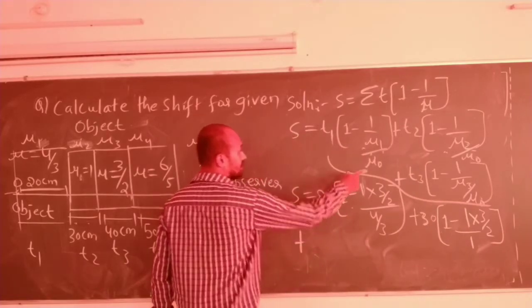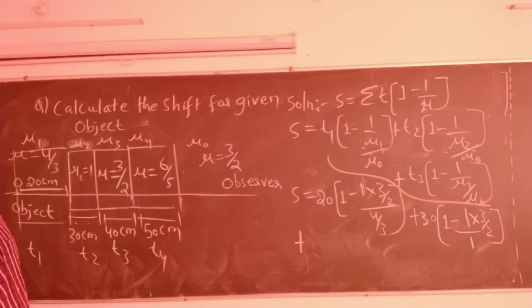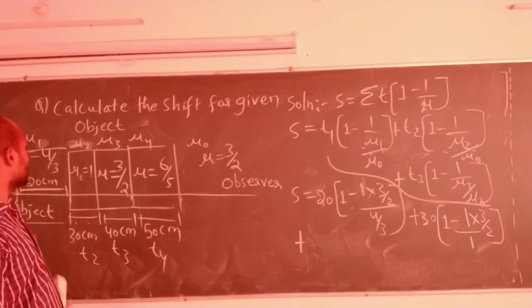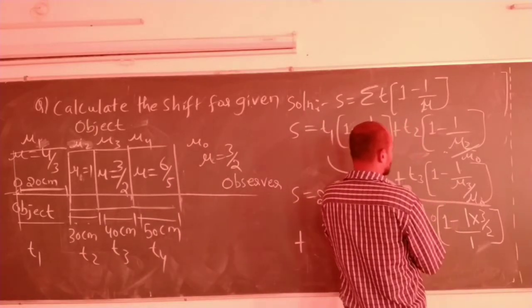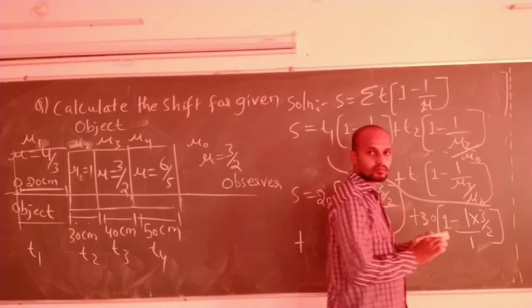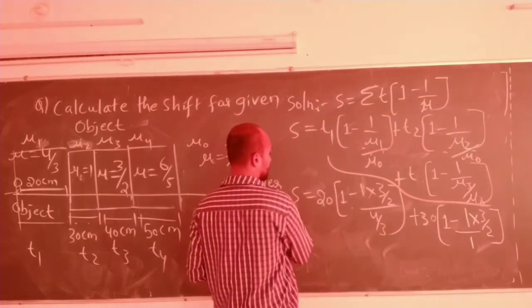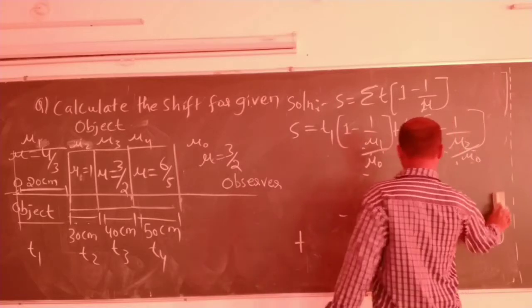Plus T3. The formula I have written only up to T3; it has to go up to T4. Wait guys, one minute. Let me write this formula very clearly first.